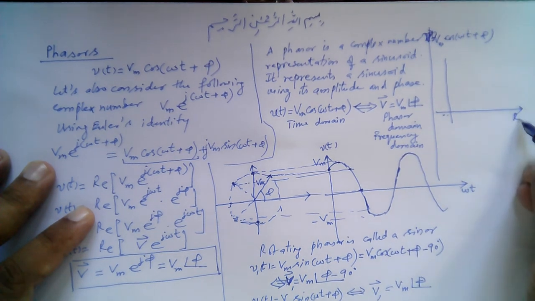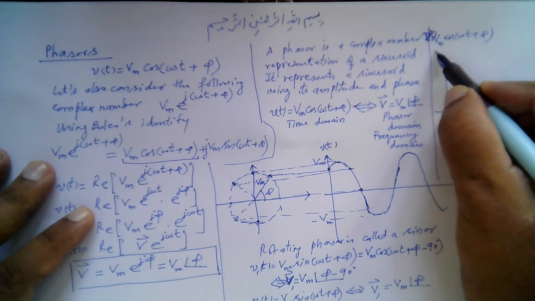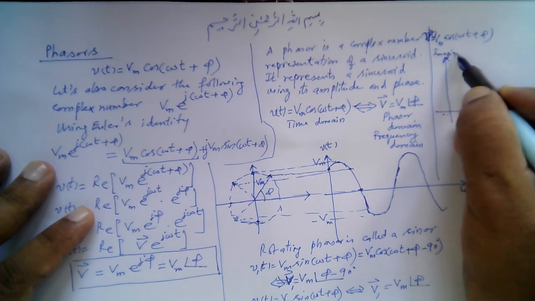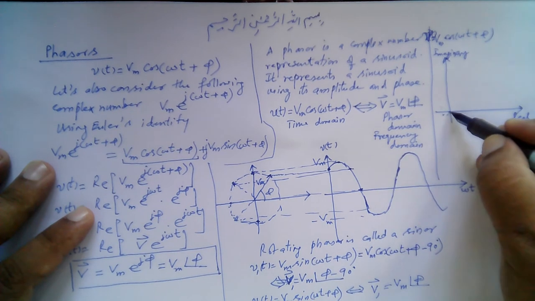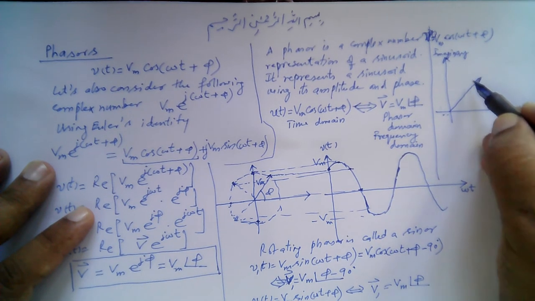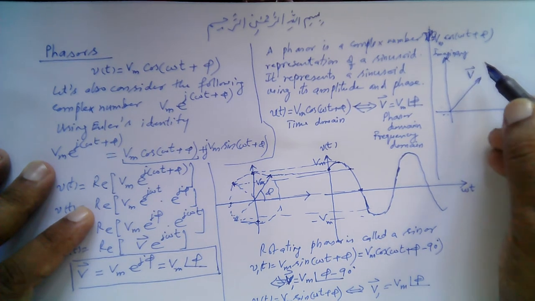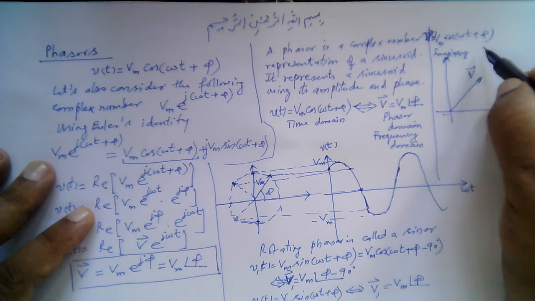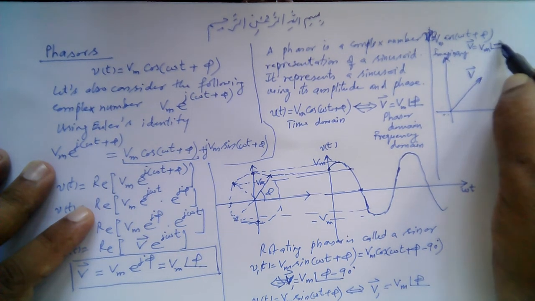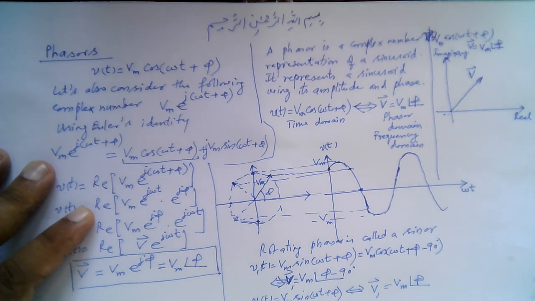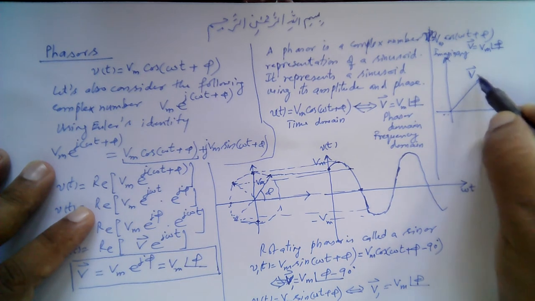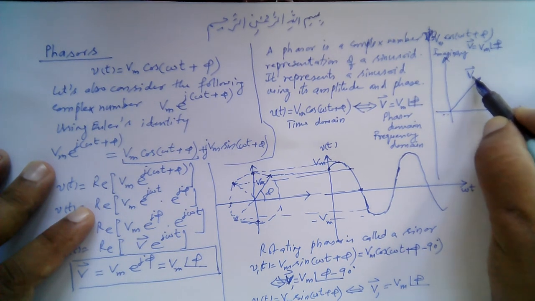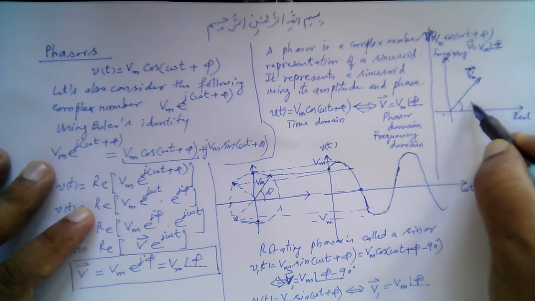This is the real axis, this is the imaginary axis, right? And we have this Vm here, or we can simply say V bar in terms of phasor domain. It is written as Vm angle phi, right? This amplitude is Vm, so we can write Vm angle phi.